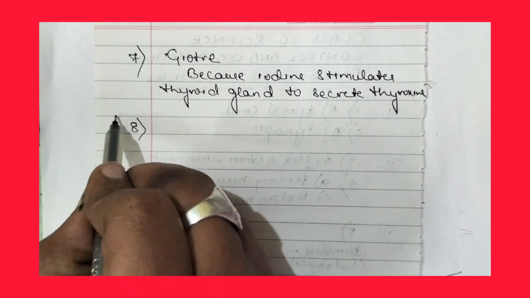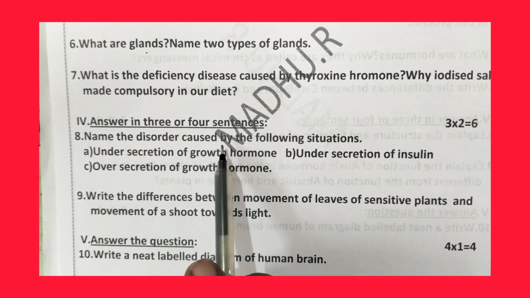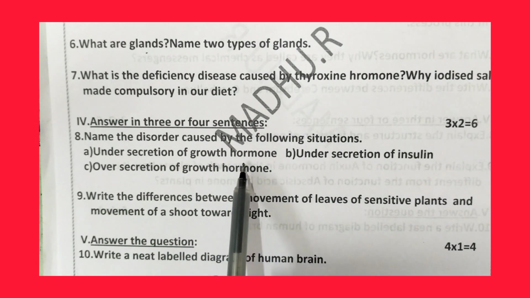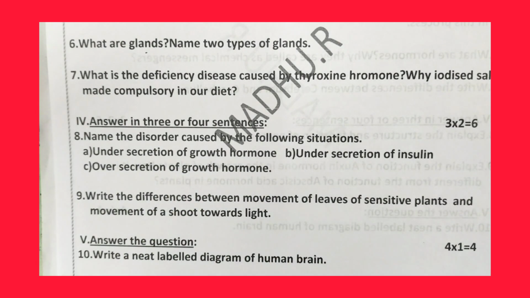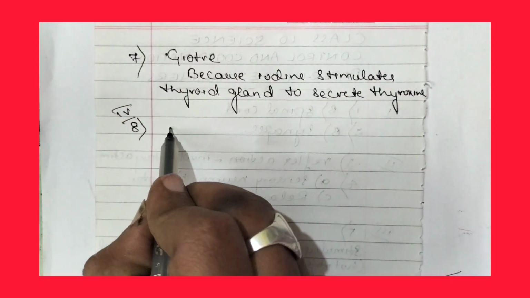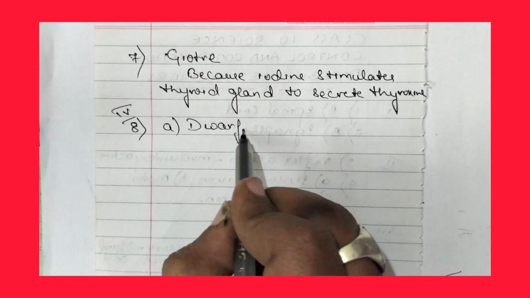Now let us move for the fourth main, that is question number 8. The eighth question is, name the disorder caused by the following situation. Under secretion of growth hormone leads to dwarfism.